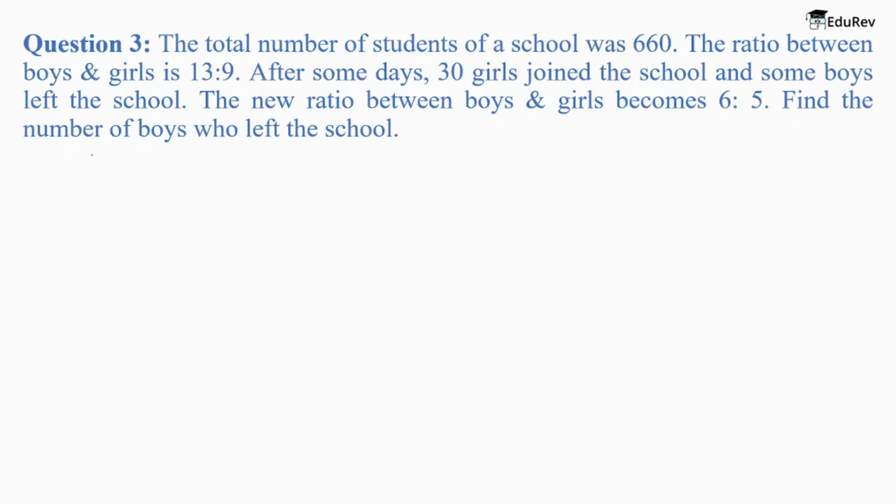So here it says that the total number is 660. The ratio of boys to girls is 13:9. Now 13 plus 9 is equal to 22 parts. So 22 parts or units is equal to 660.